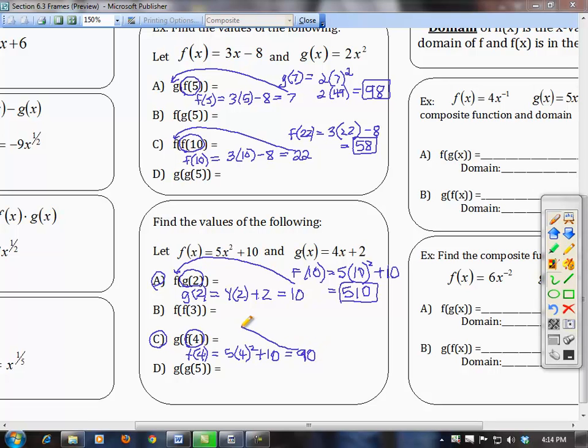So my 90 is going to be what gets plugged into g. So g of 90. So I take 4 times 90 plus 2. Well, 4 times 90 is 360. Plus 2 is 362.